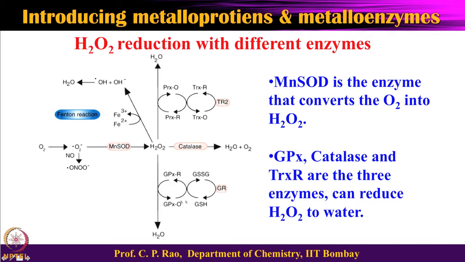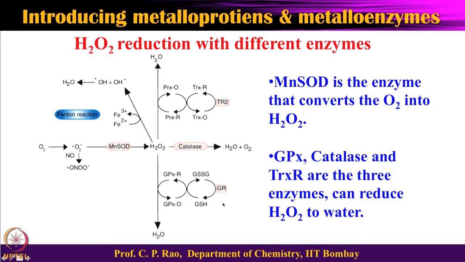The oxidized GPX is brought back to the reduced one by using the GSH to GSSG cycle. The GSH to GSSG cycle will bring back the glutathione peroxidase oxidized to the reduced form. That means the cycle can work when it couples with the GSH.